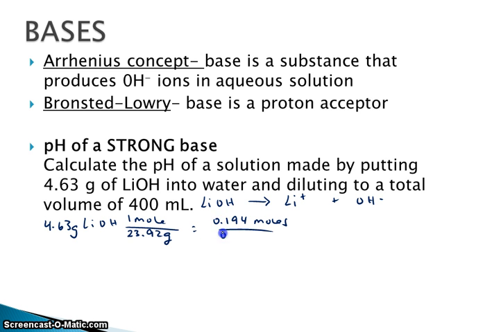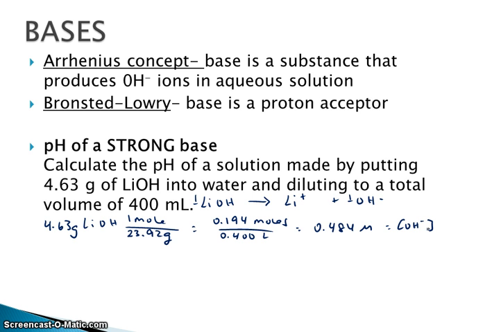We'll divide that by the volume, 0.400 liters, and that's going to give us a concentration of 0.484 molar lithium hydroxide. And since it's a 1-to-1 ratio of lithium hydroxide to hydroxide ions, that 0.484 is the concentration of our hydroxide ions.